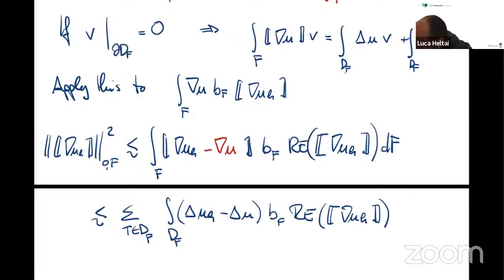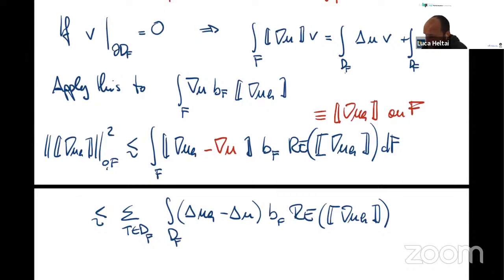Okay, simply because of that, because this is exactly equal to the jump of the gradient of UH on F.